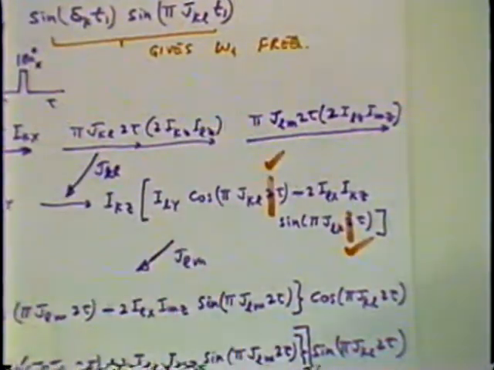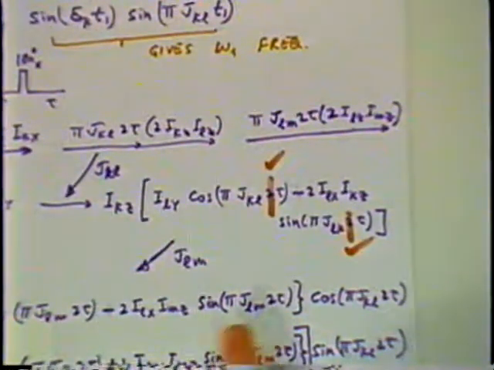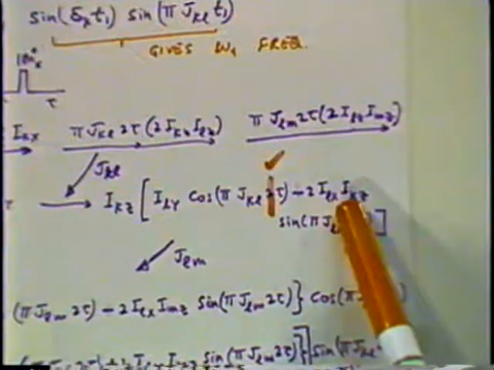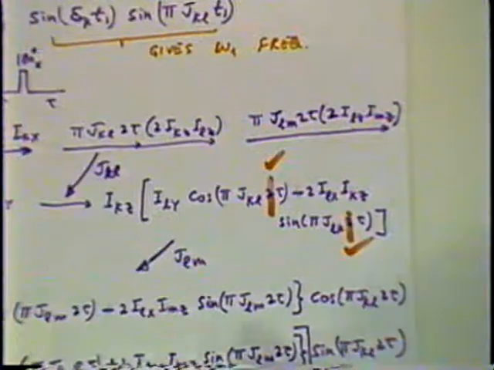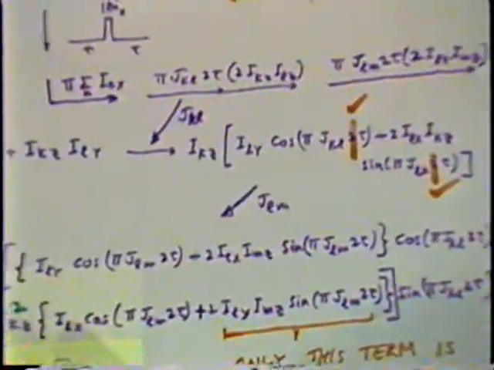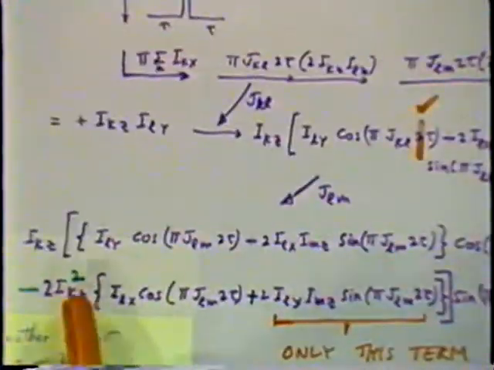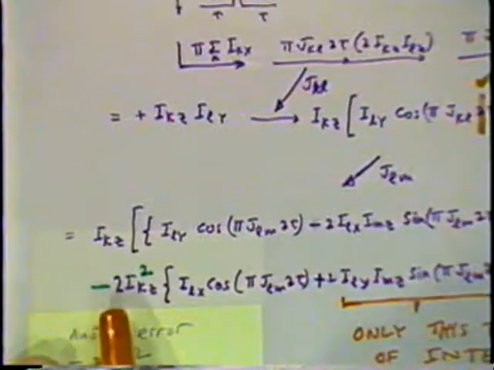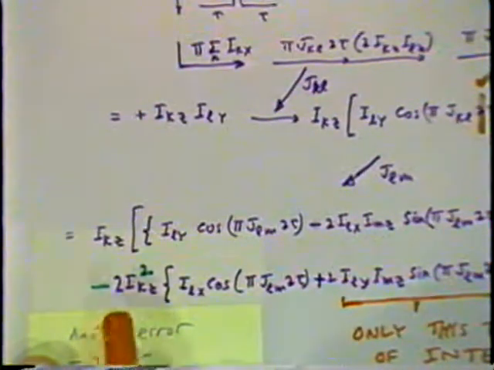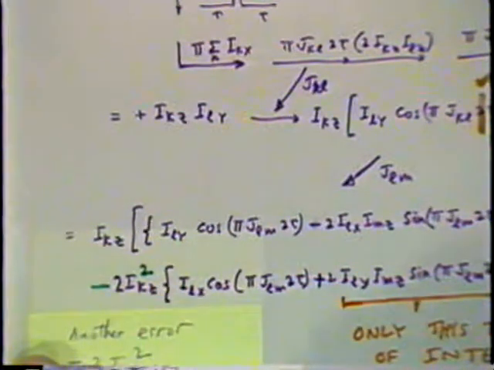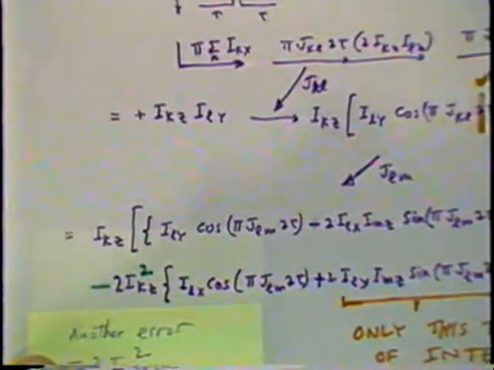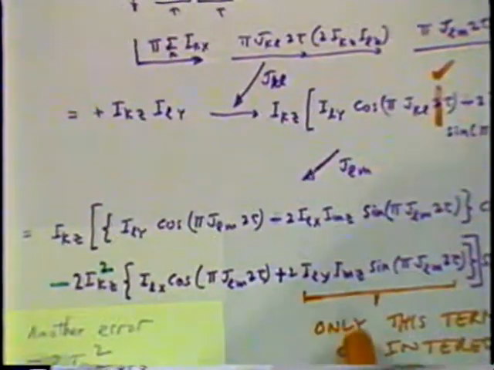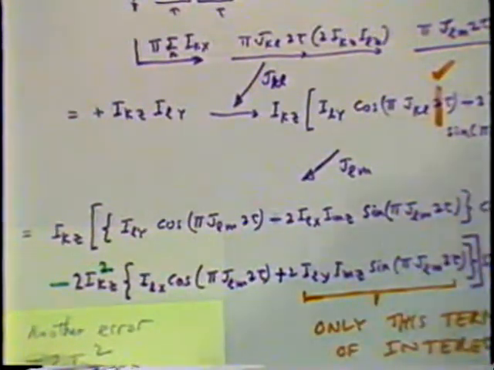So Ly changes to Ly and LxMz, and this operator gives me another quantity here. There should be a square missing here. Please note down the square, and a minus sign missing here: minus Kz square. And since this is the term of interest, I'll go through it a bit slowly.